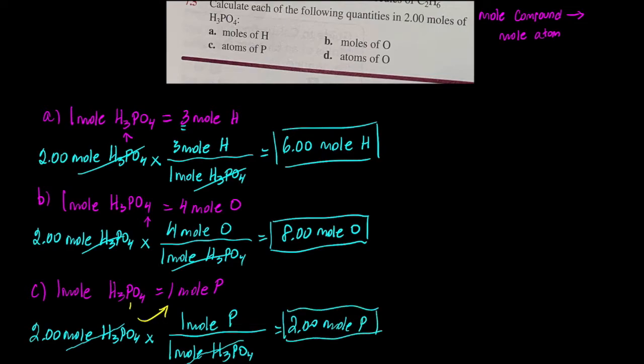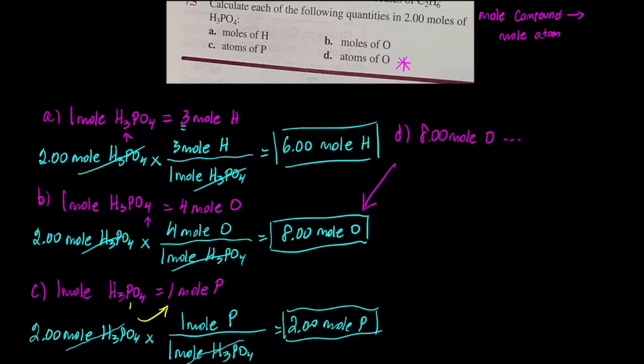Now for part D, it looks a little different, okay? It almost looks like part B, but we want moles, not moles of oxygen, but atoms of oxygen, okay? So we're going to start with this quantity right here, because we already did part B. We know that we have 8.00 moles of oxygen, okay?